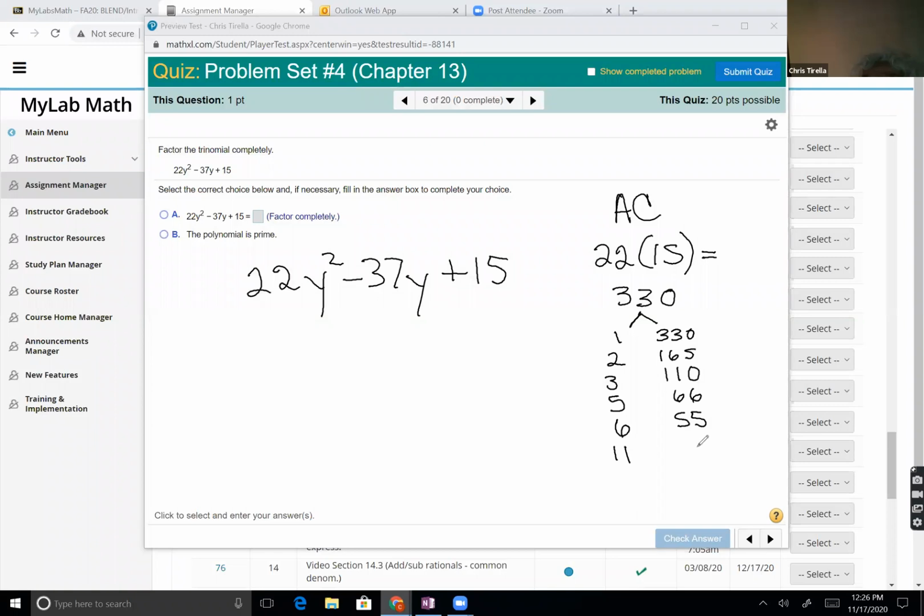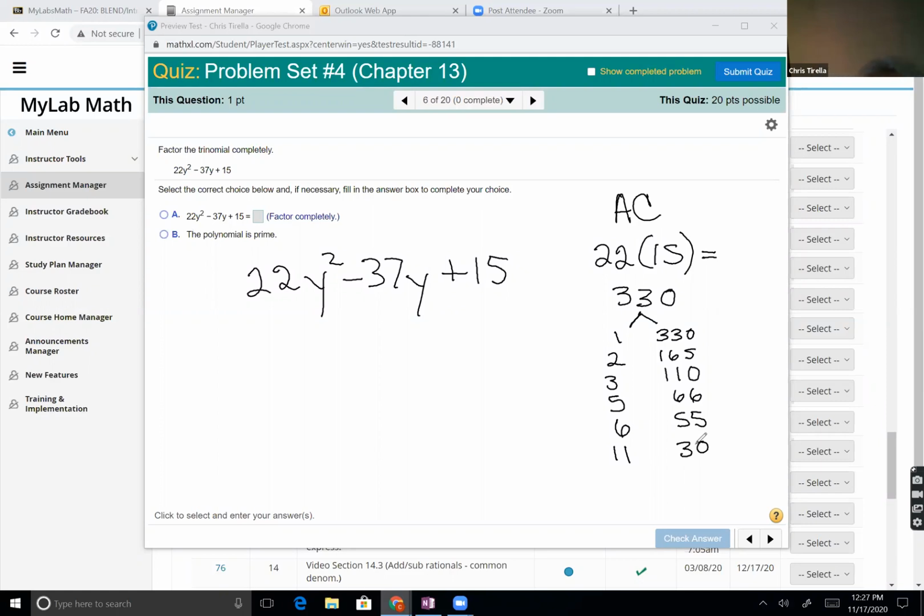I think 11 goes in there, 30 times. And you know what? Maybe I'm mistaken. Maybe that one is prime. So ultimately no solution. Does anybody see any factors that I've missed?